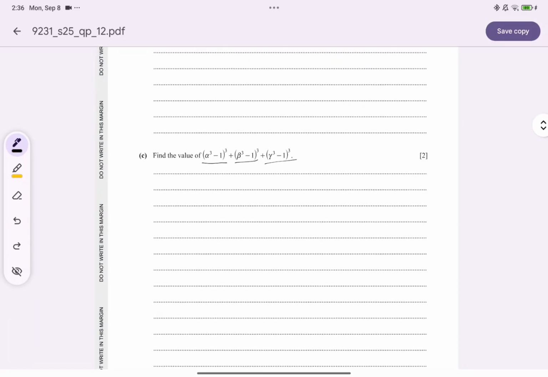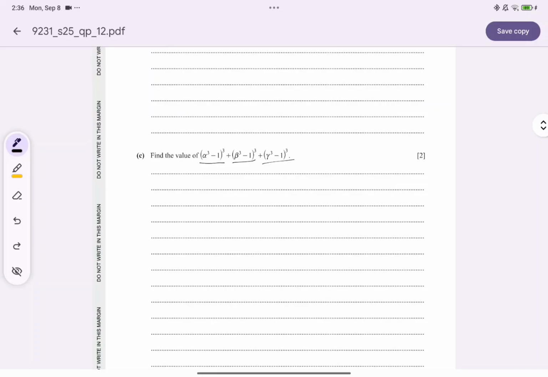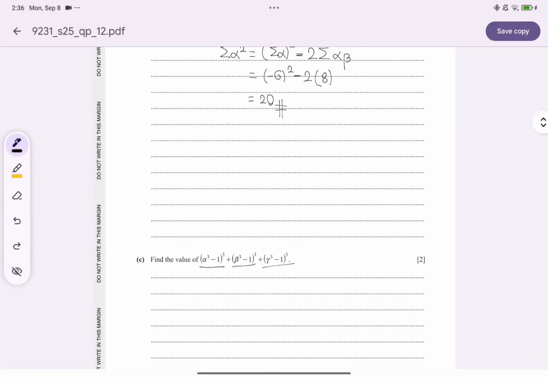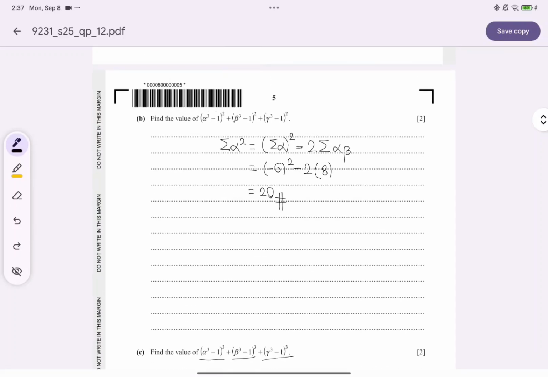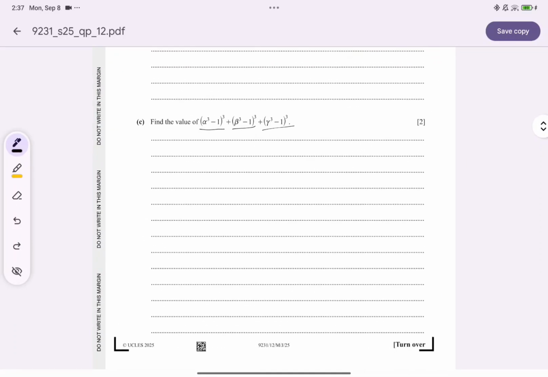Okay, so in order to do this, there's also a formula for this, but the way I like to go is to use the substitution method. So first of all, let us define Sn to be equal to alpha cubed minus 1 to the power of n plus beta cubed minus 1 to the power of n plus gamma cubed minus 1 to the power of n.